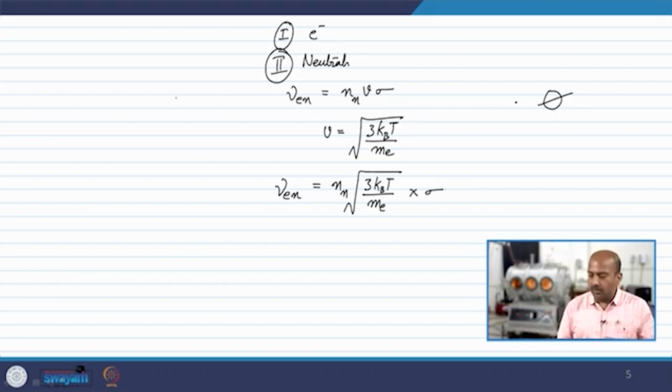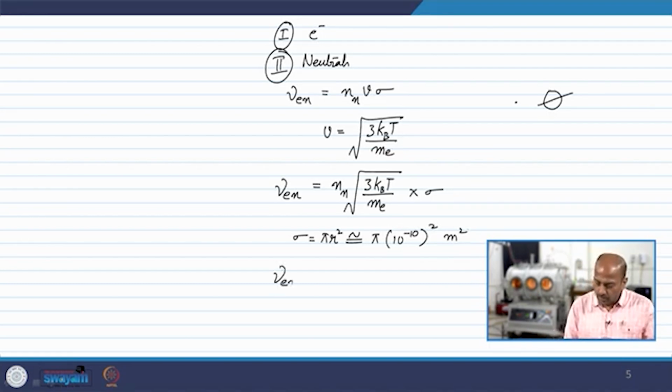So, if you take for instance an atom, sigma is written as pi r squared, which will be approximately of the order of pi times (10 to the power of minus 10) squared meter squared. Okay.